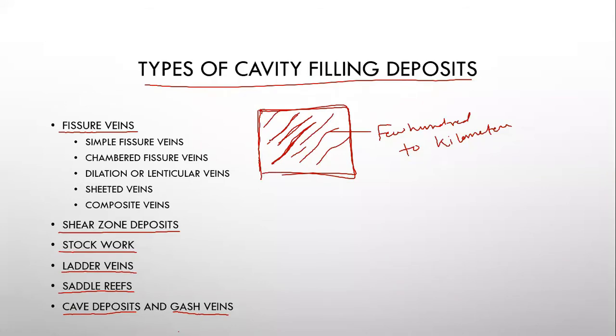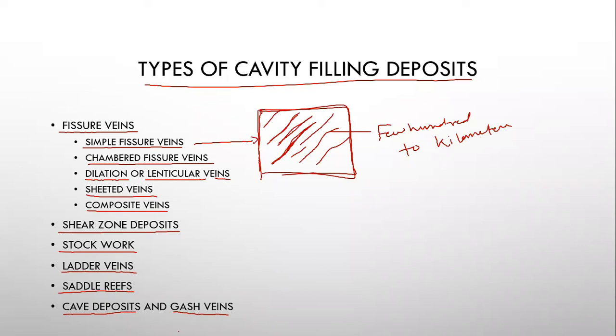Further, fissure vein deposits are divided into five types: simple fissure veins, chambered fissure veins, dilation or lenticular veins, sheeted veins, and composite veins. One by one we'll discuss. What are simple veins? The fissure vein which occupies a single fissure.